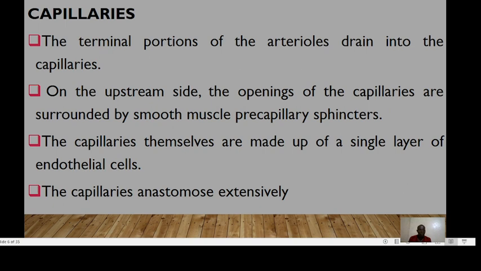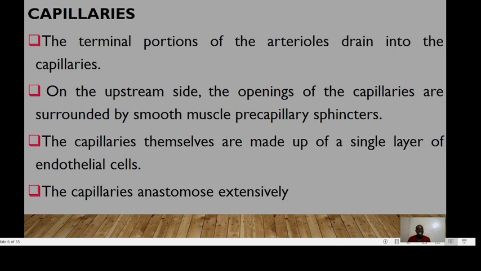This is another group of blood vessels, and these are the terminal portions of the arterioles, where the arterioles drain. On the upstream side, the openings of the capillaries are surrounded by smooth muscle precapillary sphincters. The capillaries themselves are made up of a single layer of endothelial cells.